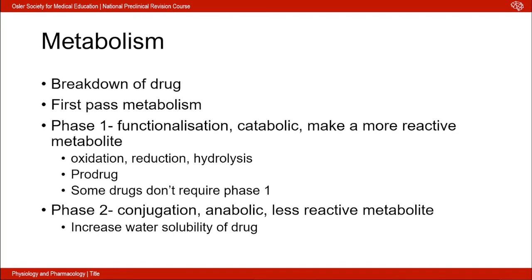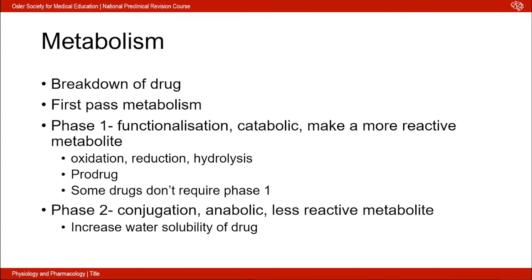So in terms of the pathways of drug metabolization and elimination, some drugs are excreted unchanged by the kidneys, like furosemide, the diuretic. But some also undergo this phase 1, phase 2 metabolism, as outlined here, and that's most drugs that you come across.